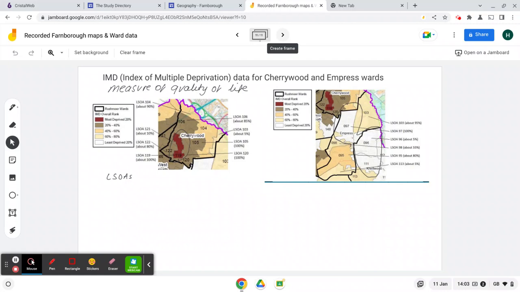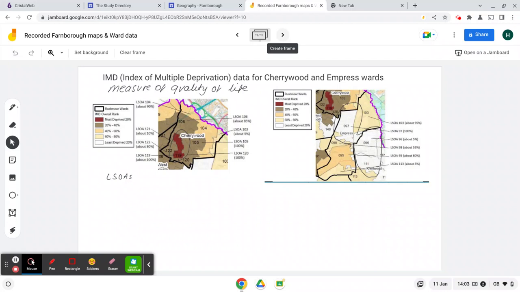So you need to make sure that you go through the census data, look at this IMD data, and be able to use it as an example in a 20-mark question. Make sure you can evaluate it and say how useful it is. So something you might want to say in an exam question, if it was relevant, would be, I looked at some IMD data for Cherrywood and Empress Ward.